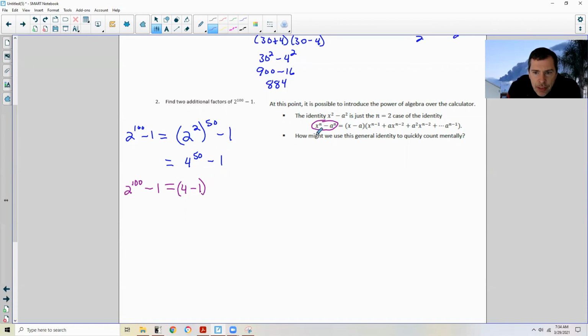And n is 50. So then it's going to be times my x, which is 4, to the power of n minus 1, which would be 49, plus a, which is 1, times x, which is 4, to the n minus 2, which would be 48, plus a squared, which is still 1, times 4 to the n minus 3.